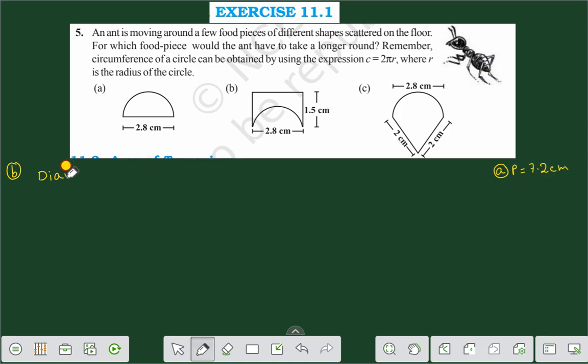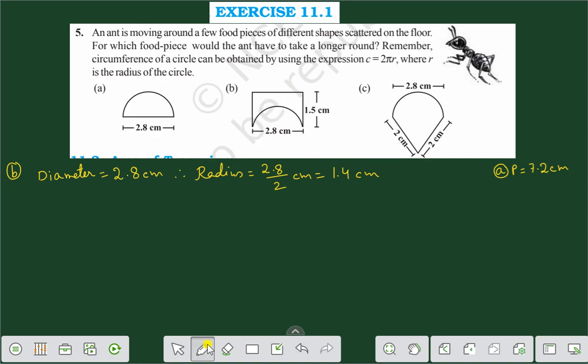Therefore, radius is equal to diameter by 2. That is 2.8 by 2 centimeter, and we are getting 1.4 centimeter.